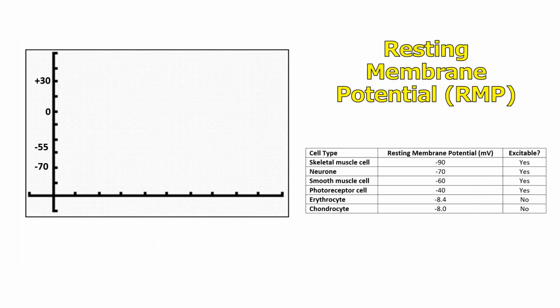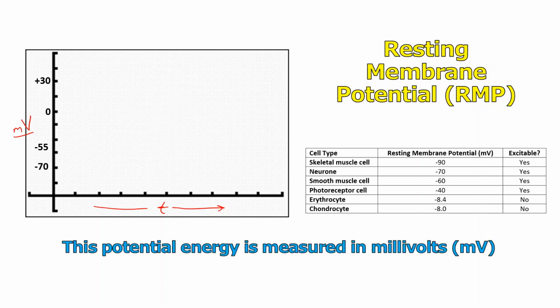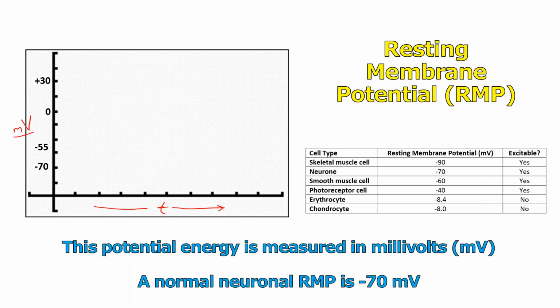So in this chart, we can actually show that. Look here, this axis is millivolts and will always be on every chart I show here, and time will be on this axis. It's usually measured in milliseconds, but I'm not going to put specific timing with this. If we were to measure this voltage with a voltmeter, we would find that a normal neuronal resting potential, and it's right here, they got the British spelling for neuron, but that's okay, is -70.